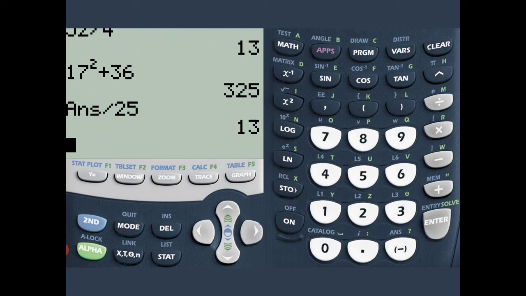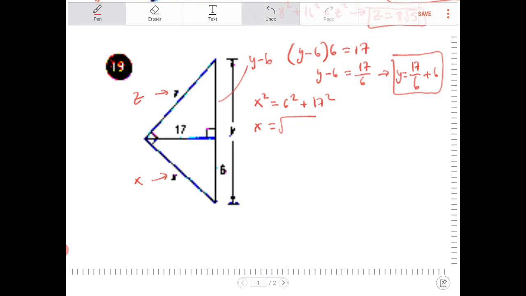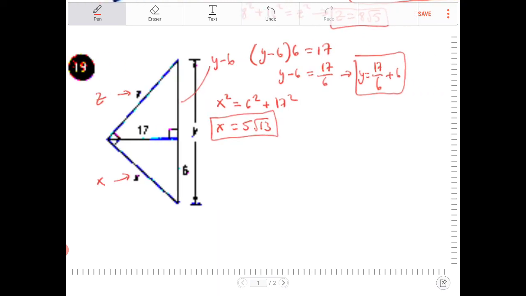So it's 5 square root of 13. Whenever you can reduce radicals, try and do them, but it's not an absolute must. I always try to.